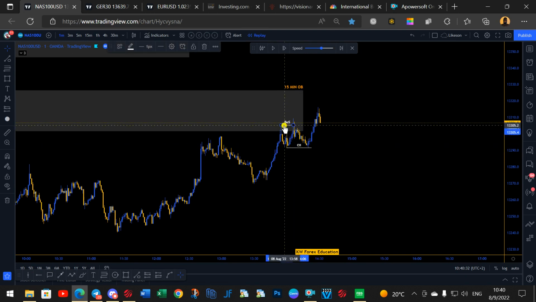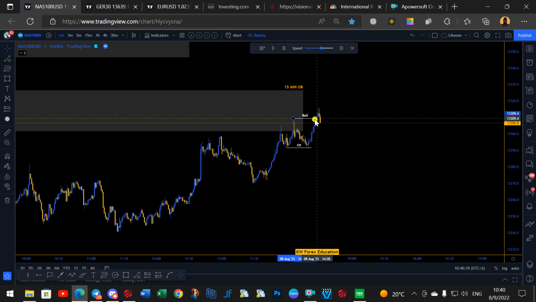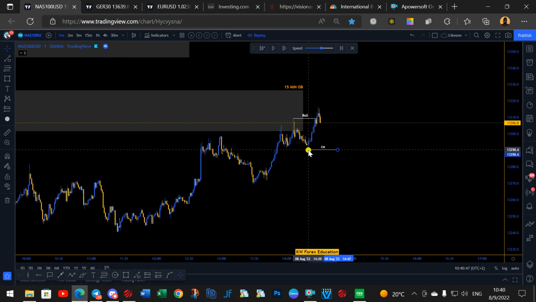So that means we have our second break of structure here. That's our second break of structure to the upwards. So our low also moves to that point.